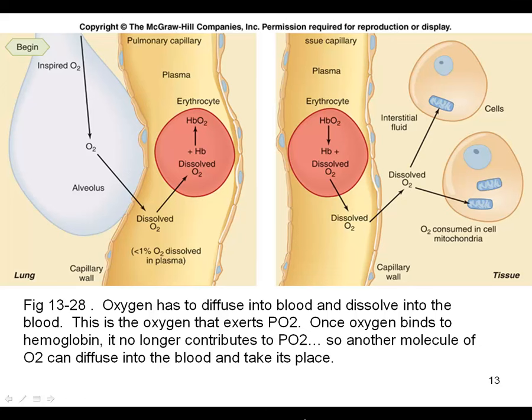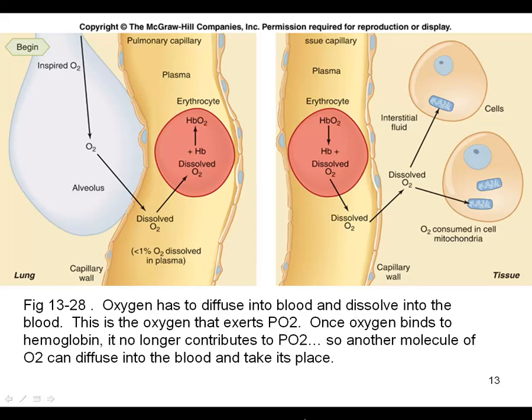It diffuses into the plasma, diffuses out of the capillary, diffuses into a cell, diffuses into the mitochondria, and when the mitochondria uses it up, then it no longer exerts PO2, so more oxygen can leave the blood and come in.